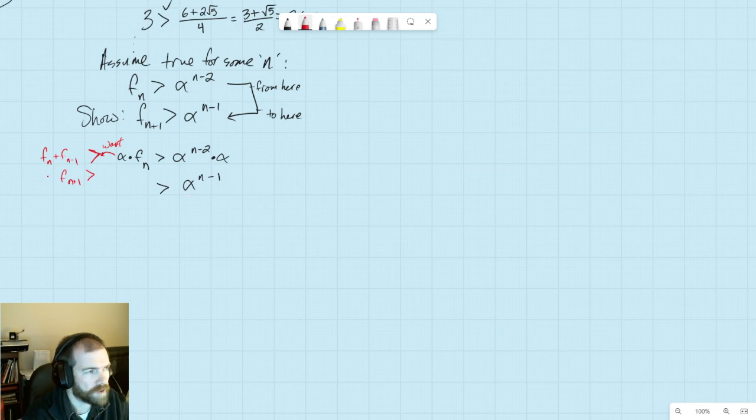Instead of multiplying, we could try adding, in which case we get f sub n is greater than alpha to the n minus 2. Then we add f sub n minus 1 to both sides.